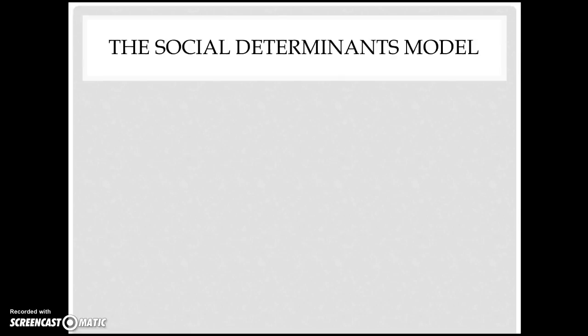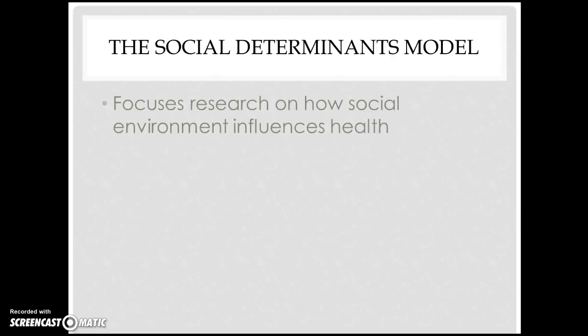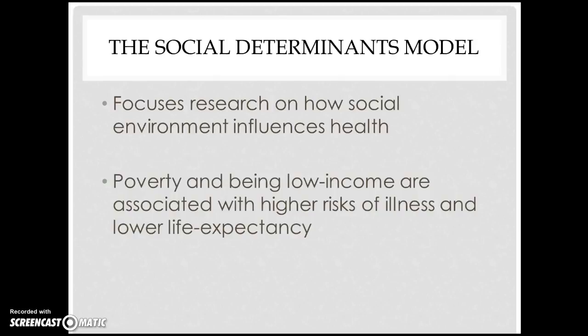But for understanding the root cause as to why certain populations have more health issues than others, we need a different model. We need the social determinants of health model. This is a model that focuses on how our social environment, our social location, our place in society in terms of race, gender, and social class, among other social factors, also influences our health and our potential for living a healthy and prosperous life.